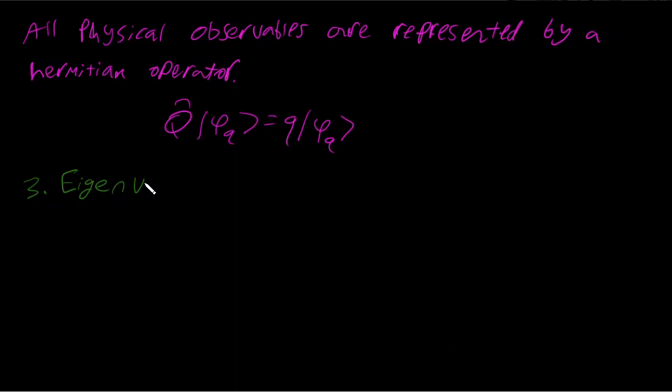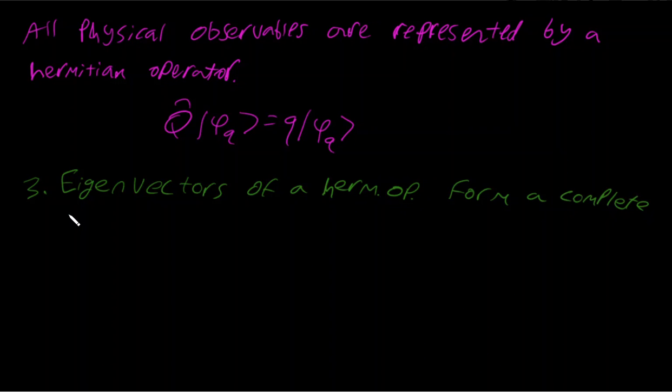the eigenvectors of a Hermitian operator form a complete basis, right?